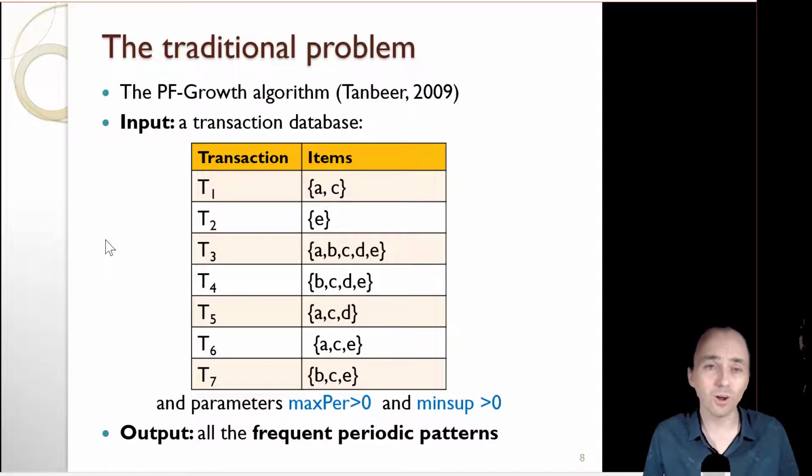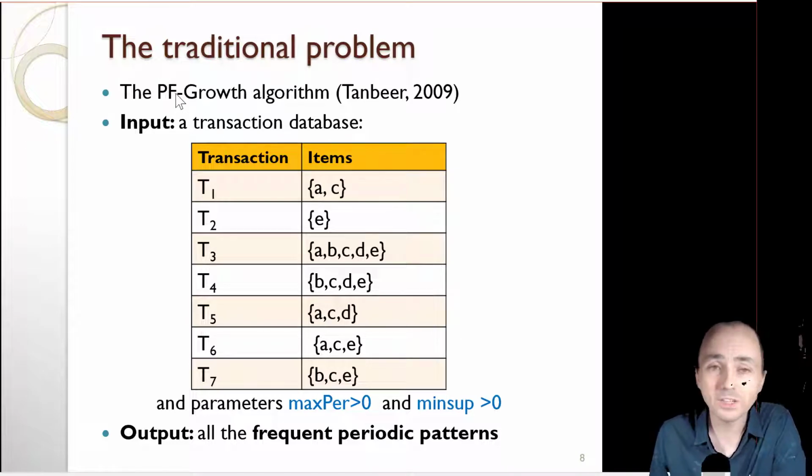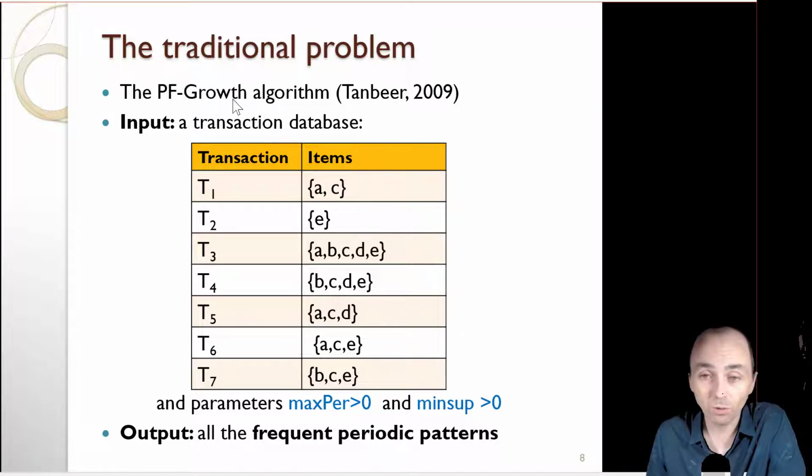So how does it work? Let me explain the basic problem for periodic item set mining. You will see it's not difficult. So the basic problem, you can look at this algorithm called PF growth, proposed in 2009, okay, to give you some idea.